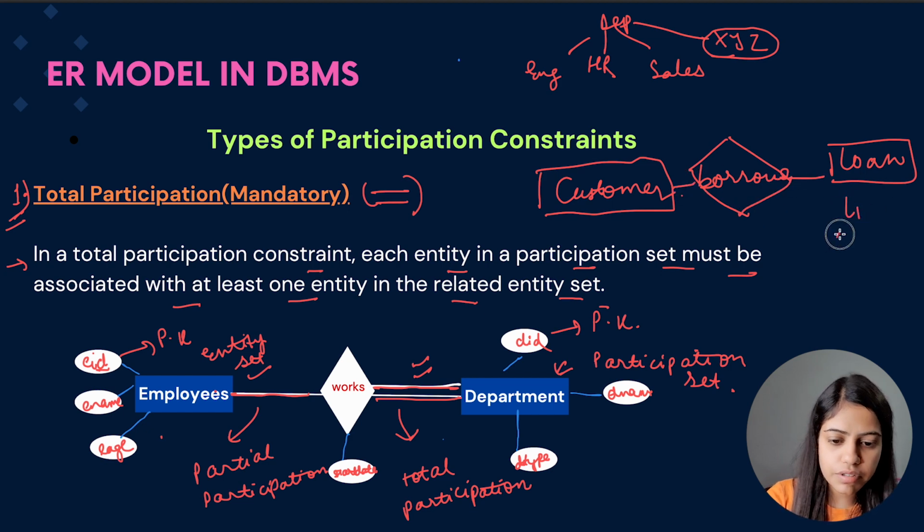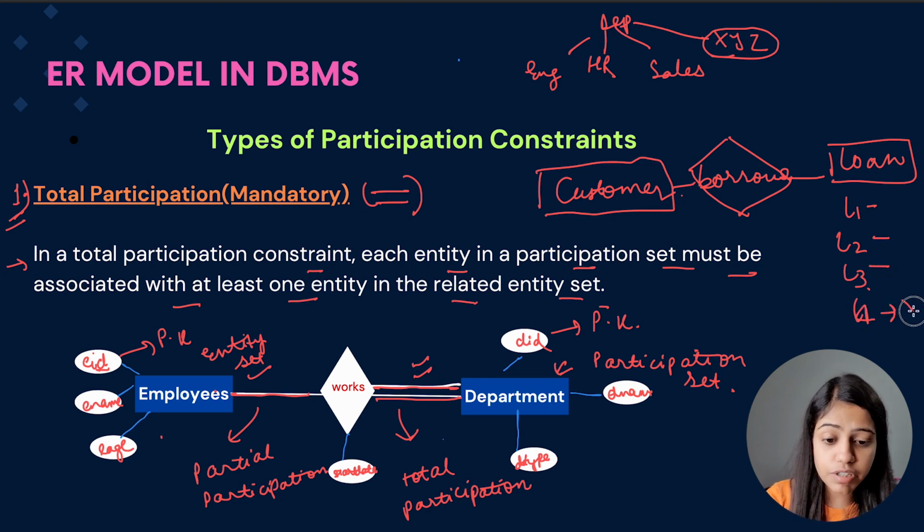So consider there are loans L1, L2, L3. L1 may be associated with one customer, L2 may be associated with one customer, L3 may be associated with one customer. But there won't be any loan which is not associated with any customer. How come there is a loan for which there is no customer, right? So loan would always have a total participation with customer.